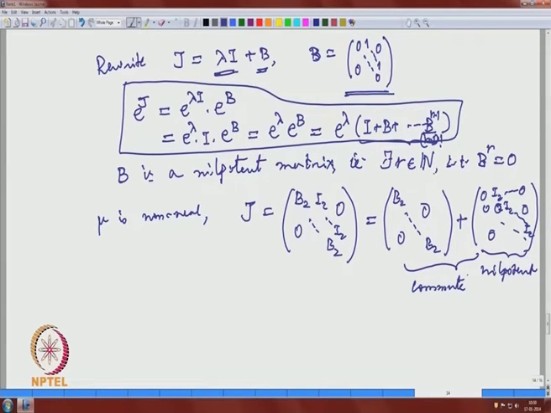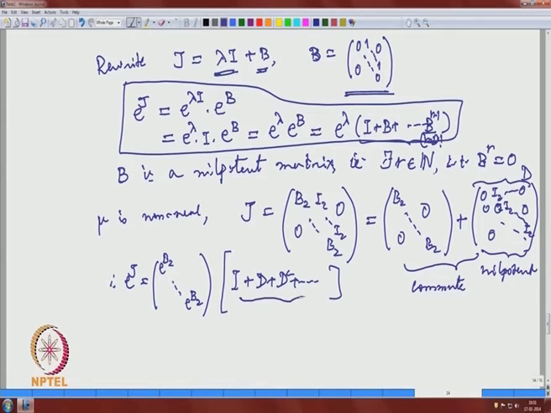So, it is very easy to find that e to the J is e to the B2 into I plus D plus D squared and so on, where I call this matrix D. This is a finite sum, so there is no problem about that, and I leave it as an exercise.